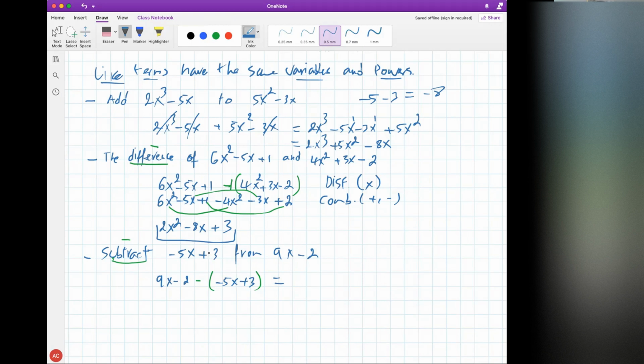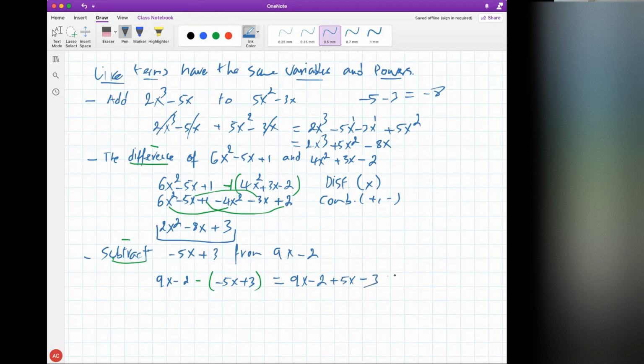You distribute the negative inside the parentheses. So 9x minus 2, plus 5x, and also negative times positive, which is negative.